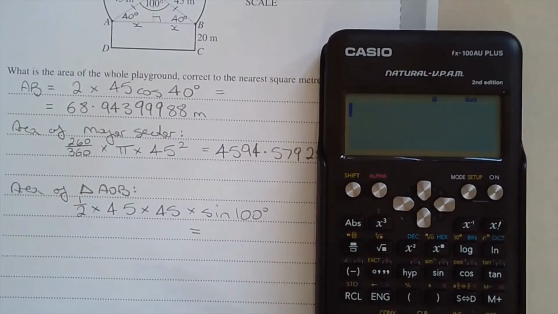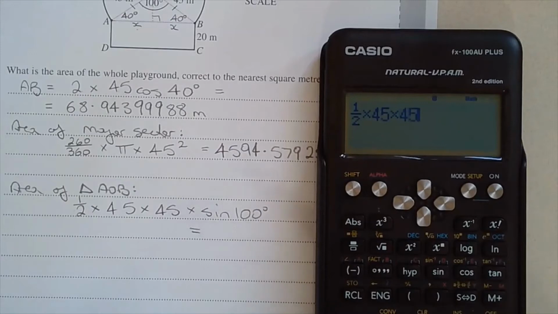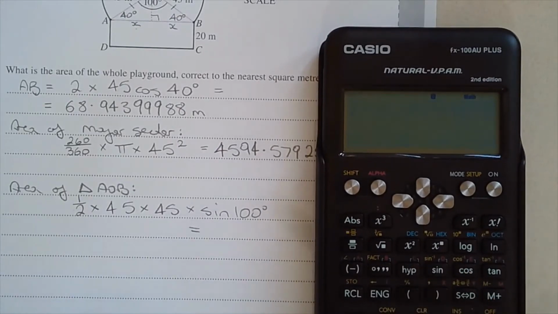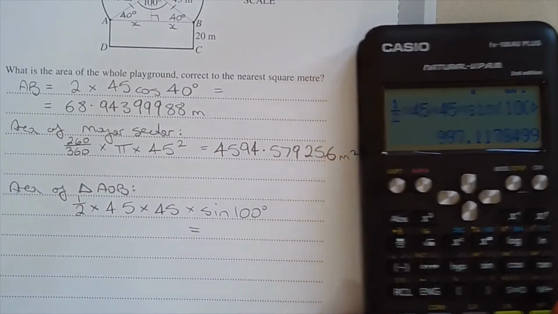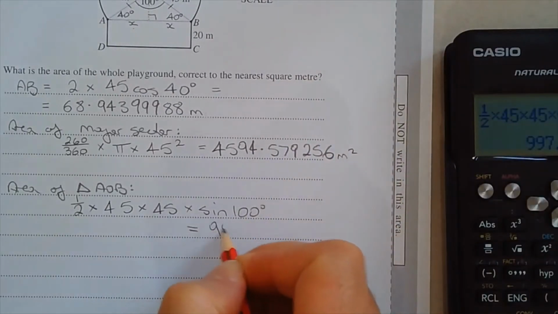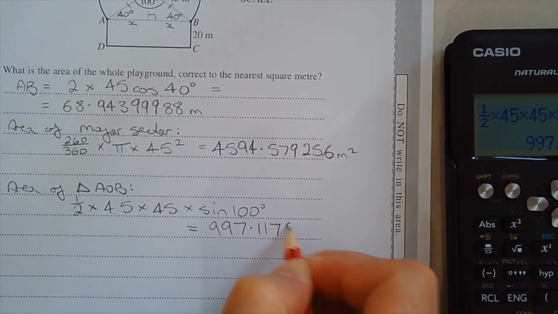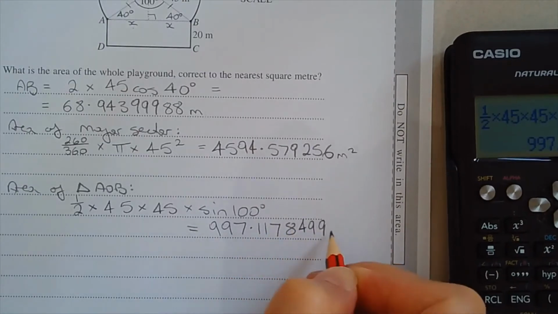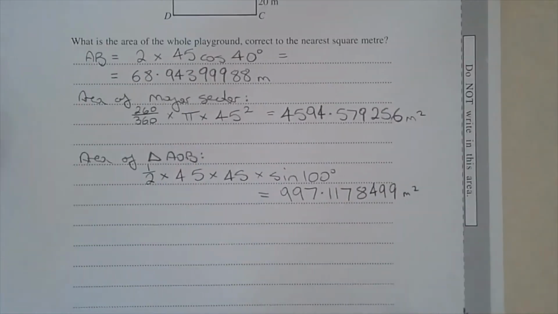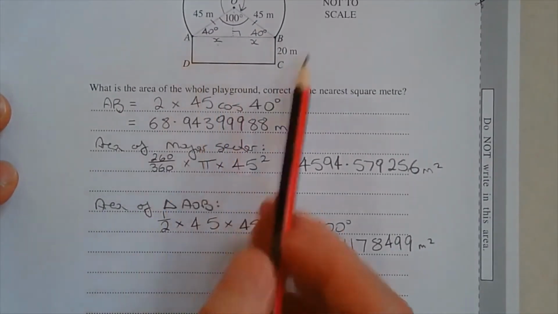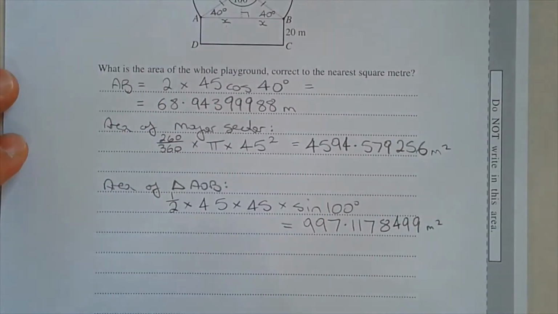So half multiplied by 45 multiplied by 45 multiplied by sine of 100, and we get 997 with a decimal component, and that's that. And lastly, rectangle ABCD.